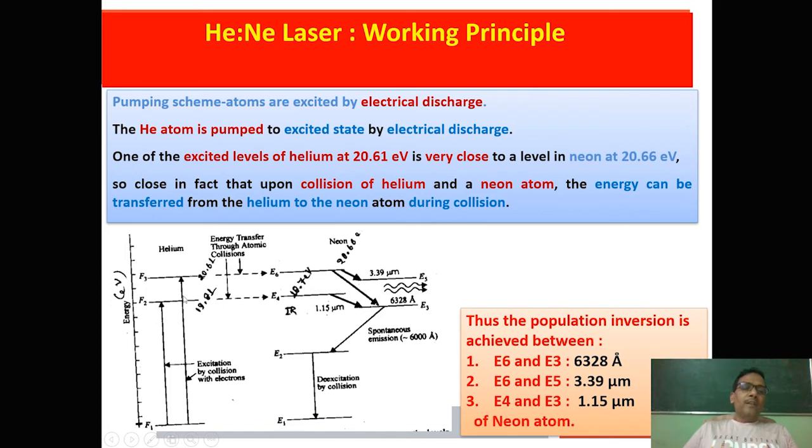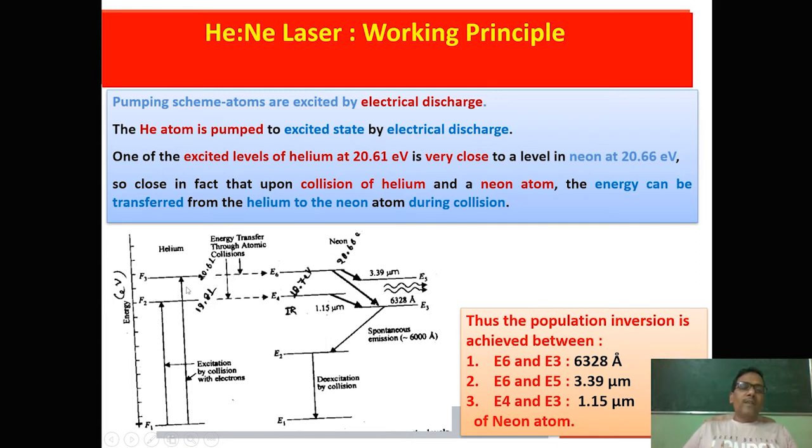Then the energy at this higher energy level and the energy at this higher energy level of neon are not much different. So there is a probability of collision of helium atoms with neon atoms, and through that elastic collision the energy of helium atoms is transferred to neon atoms, and now neon atoms are ready to give laser.